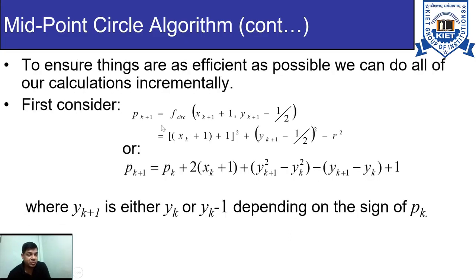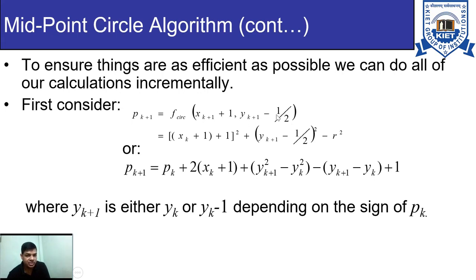Now we are doing the next approximation, and the next approximation can be done by incrementing the value of k as k plus 1. So you can see that the value of x coordinate of the point will be xk plus 1 plus 1, and the value of y will be yk plus 1 minus half.